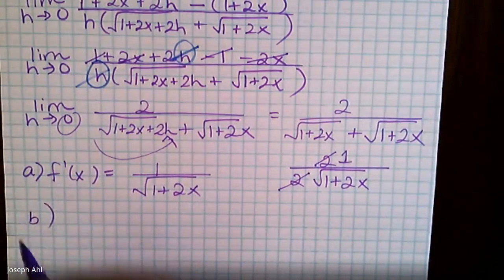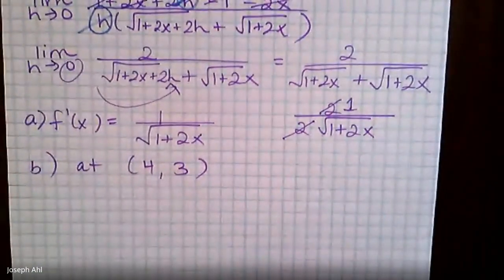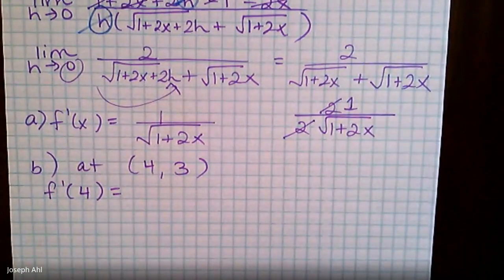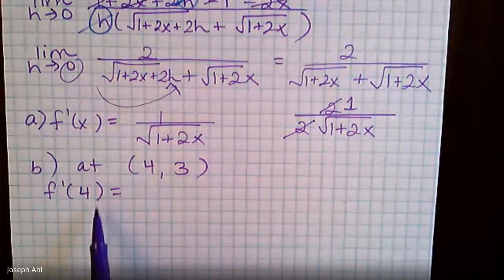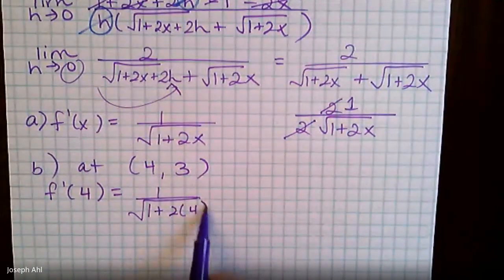All right, part B says we're going to find the equation of the tangent line at 4, 3. So the first thing you have to do is plug in and find the slope of the tangent line at x equals 4. That's what this notation represents. So 1 over the square root of 1 plus 2 times 4.